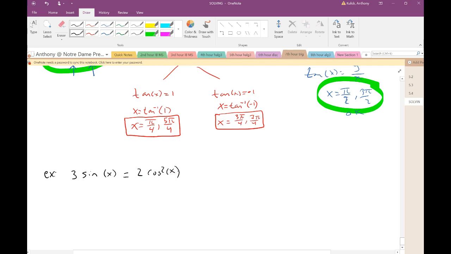So let's say we have 3 sine x equals 2 cosine squared x. Okay, so what do you think the first thing I should do here is with this one?